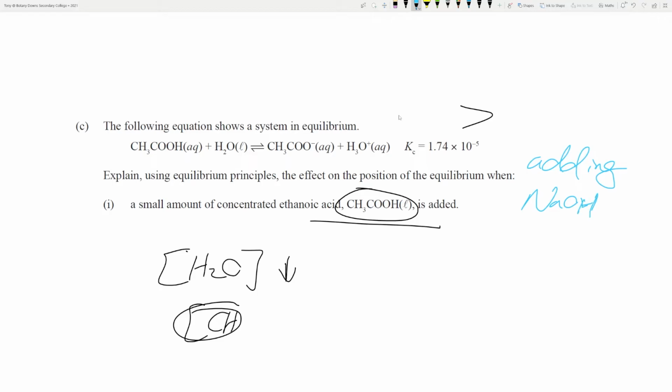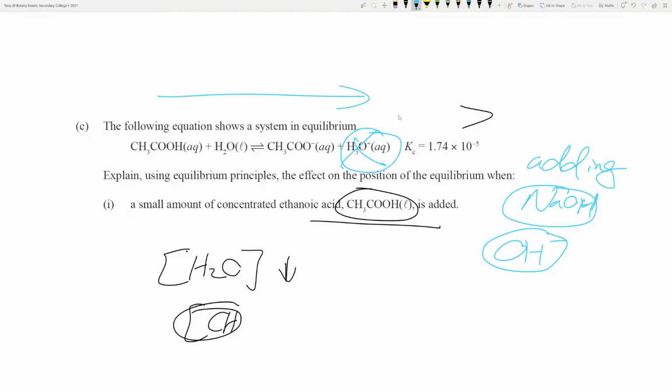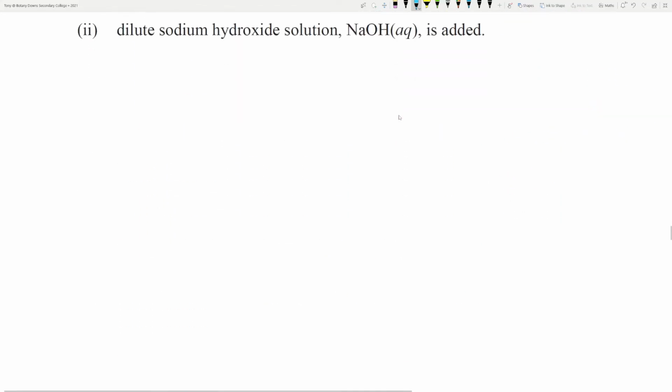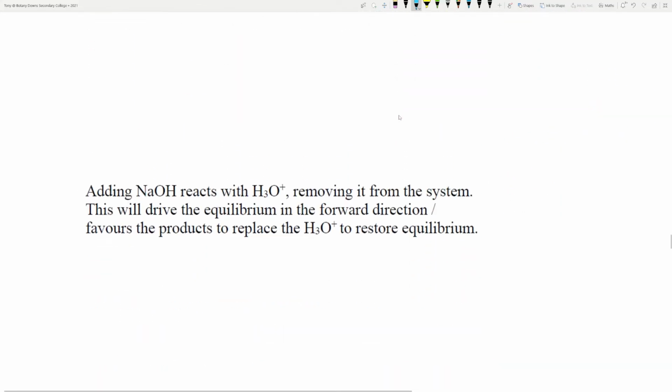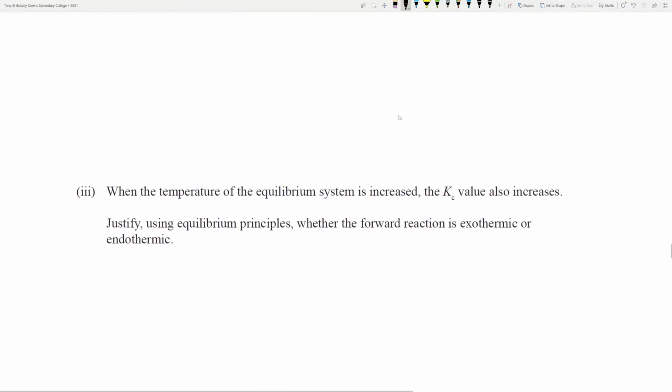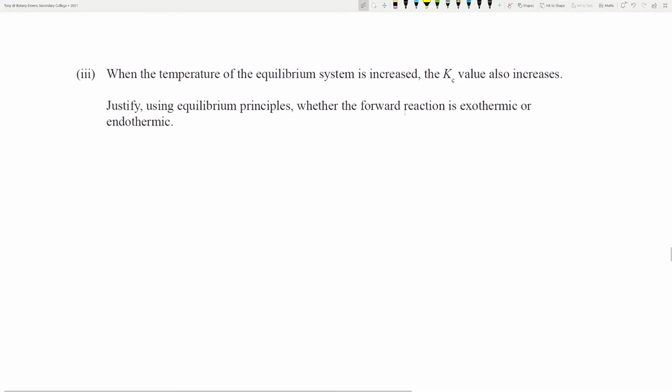The NaOH is a base, so this base will neutralize the acid, because sodium hydroxide has OH minus. The H3O plus concentration will decrease, and then the system is losing H3O plus, so it needs to make more. So again, you shift to the right to make more H3O plus ions. The NaOH reacts with H3O plus, removing it, so we favor the forward reaction to make more of it.